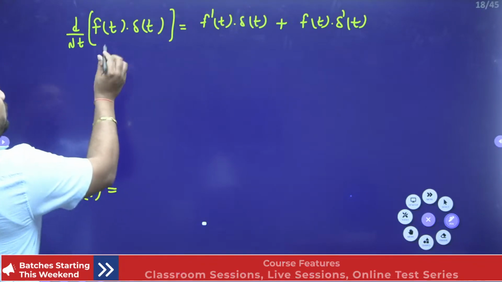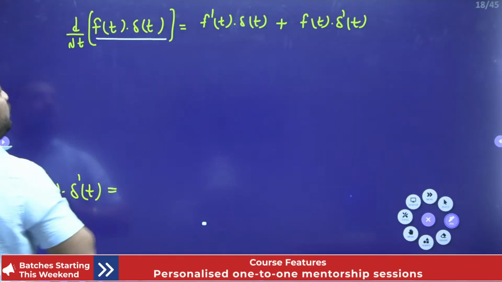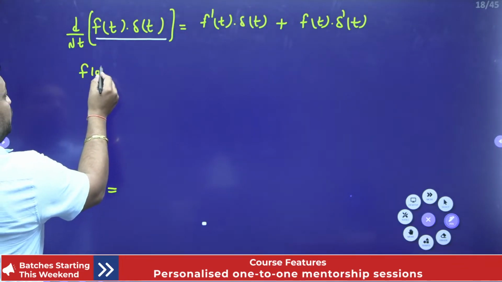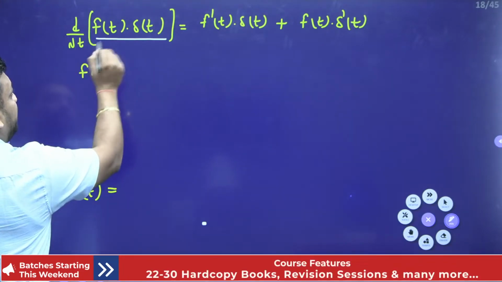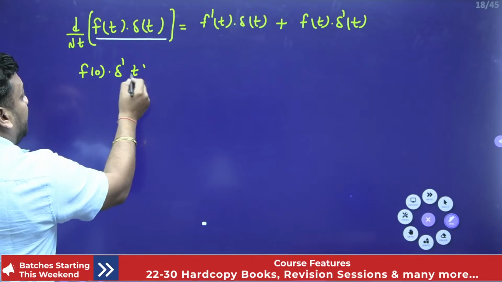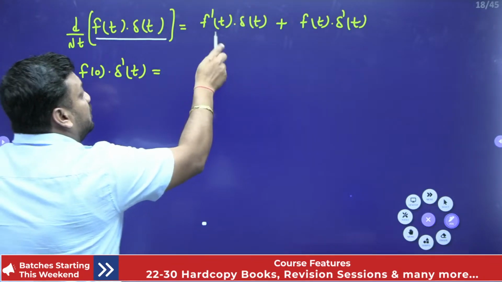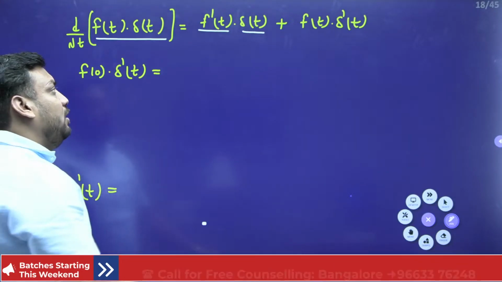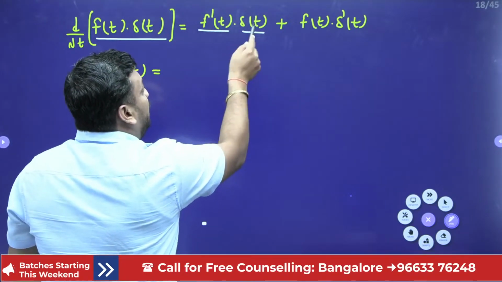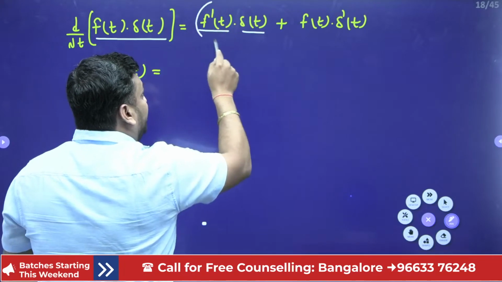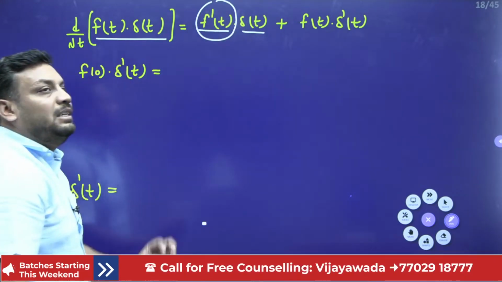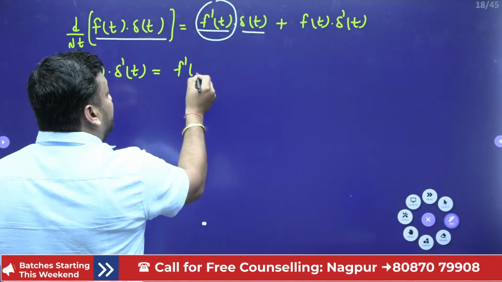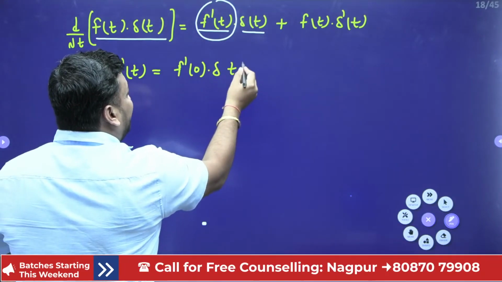When you apply the property, f(t) times del(t) is nothing but f(0) del(t). So you can take f(0) outside, and inside the bracket you get d by dt of del(t), which is del dash t. And here again, the impulse signal del(t) multiplied with any time domain signal gives f dash 0 del(t), just as z(t) into del(t) is z(0) into del(t). So here f dash t is replaced with 0, and you get del(t).